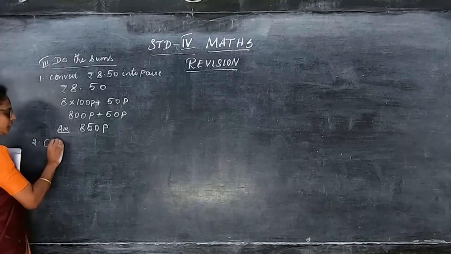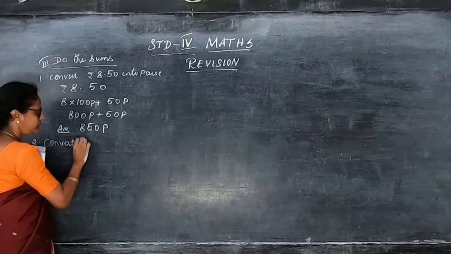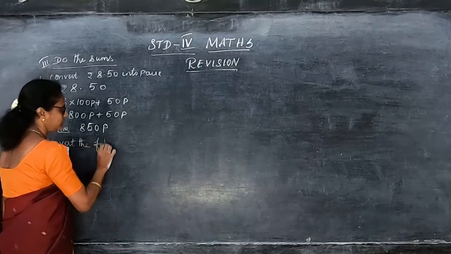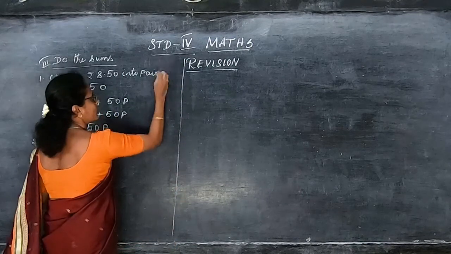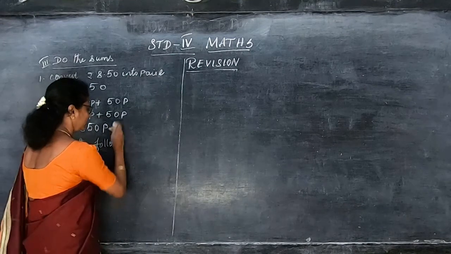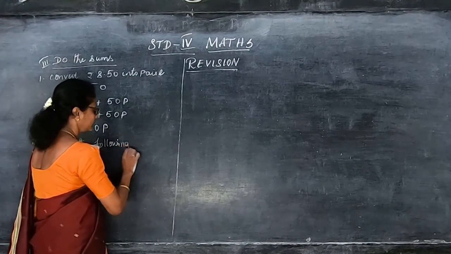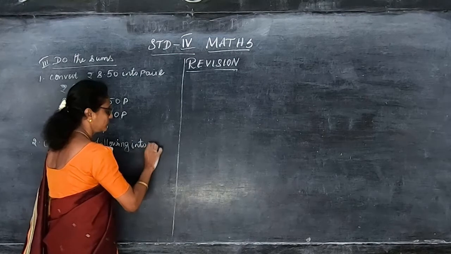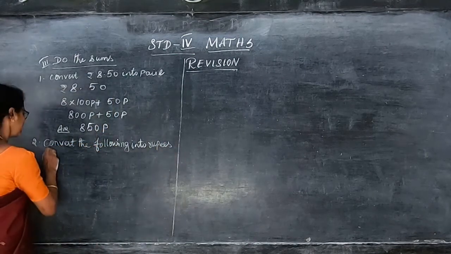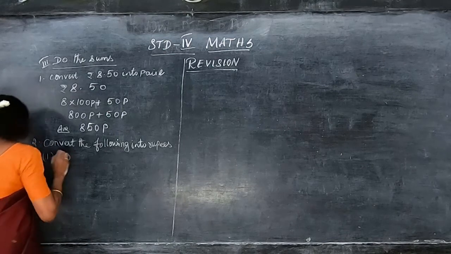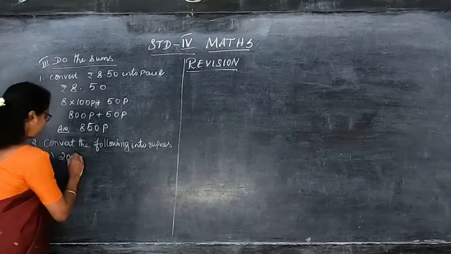Convert the following into rupees. That is, first one is 2075 paise.